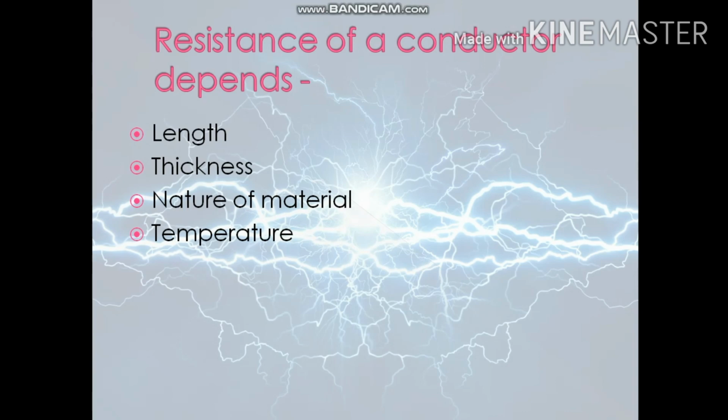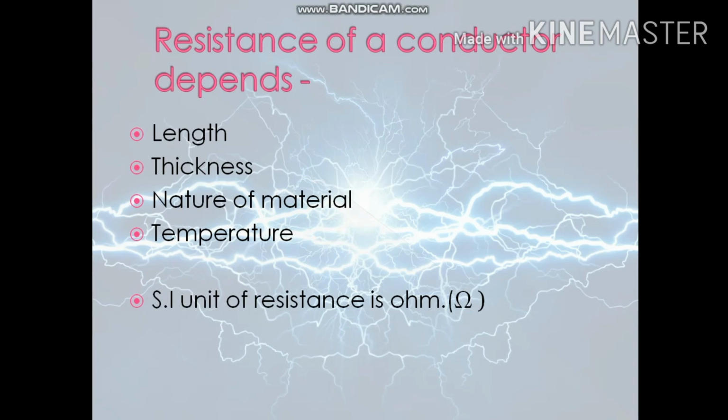Similarly, in case of thickness, a thick wire has less resistance whereas a thin wire has more resistance. A rise in temperature of a wire increases its resistance. So as the temperature increases, resistance also increases.